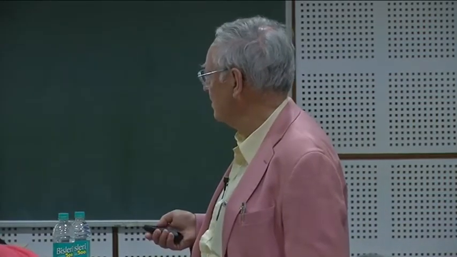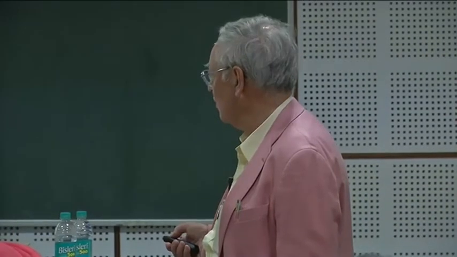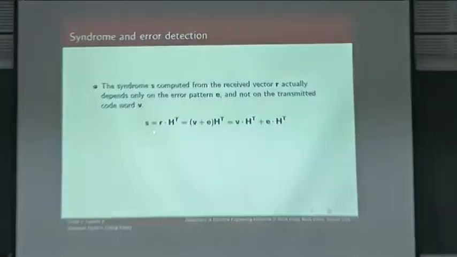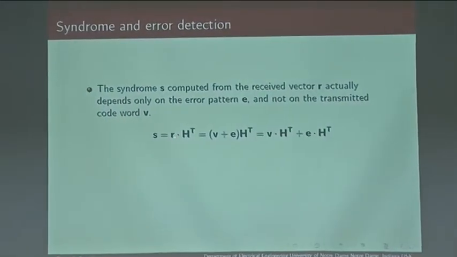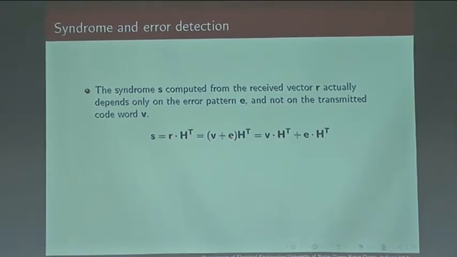So the syndrome, this is something we can observe, since the received sequence is the transmitted code word plus the error pattern. We can write this product as the sum of these two terms, and we know this one is equal to 0. So actually, the syndrome really depends only on the error pattern. It doesn't depend on which code word was transmitted. It just depends on the error pattern.